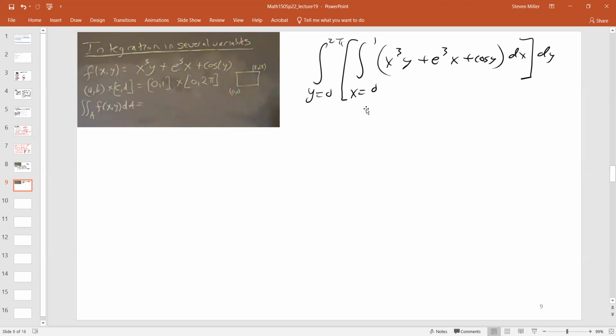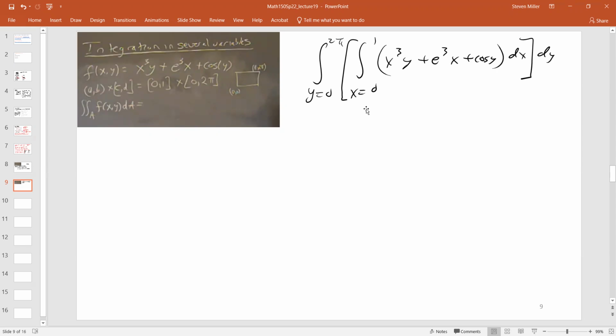As you start to get used to notation like this, it actually can become useful. If you're really comfortable, there's no need to write x equals 0 to 1 because we know the first integration has to be with respect to x because dx comes first. The amount of extra work to write x equals and y equals is minimal, especially when I'm doing it electronically like this. The cost is so small and it allows you to glance down and see what's going on. I highly advise doing this.